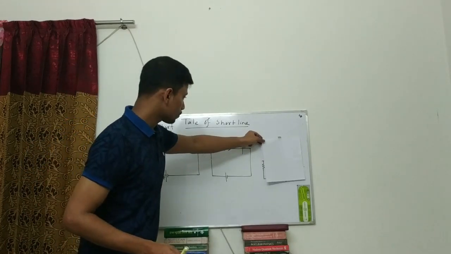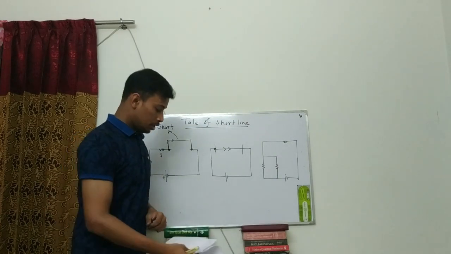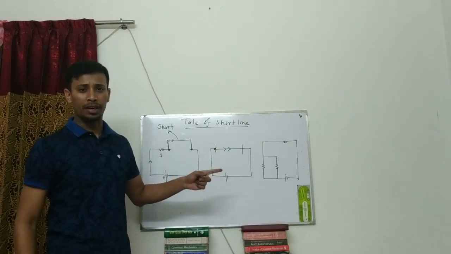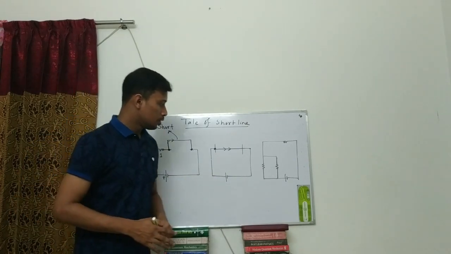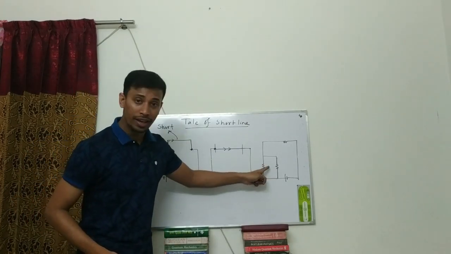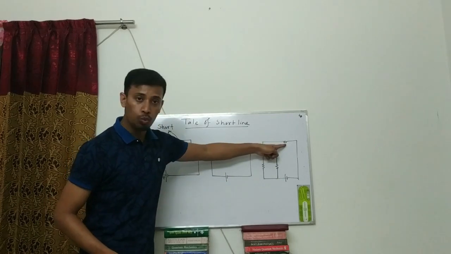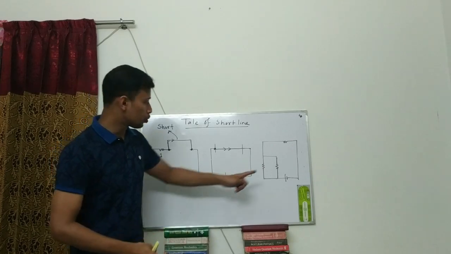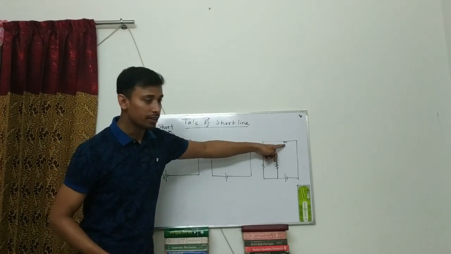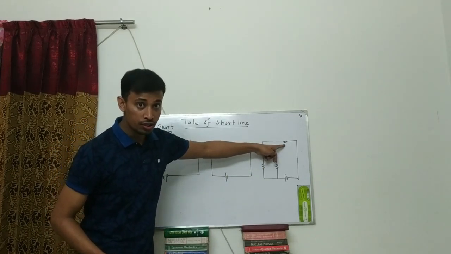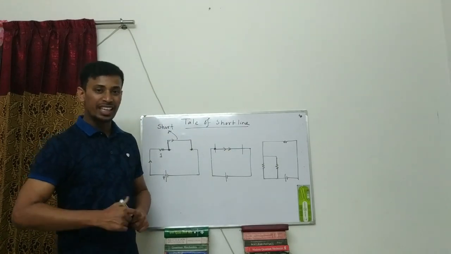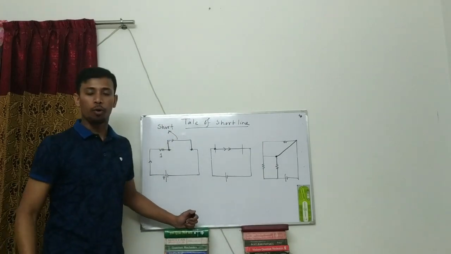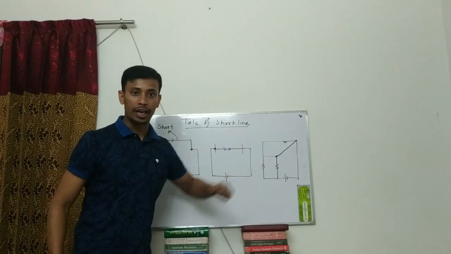And now let's think about this third circuit. These types of circuits often appear in board problems. As you can see, there are two resistors in parallel and one in series. So it's mainly a series circuit, because initially we go for the parallel and at the end we go for the series. What if we connect this point with a short line?